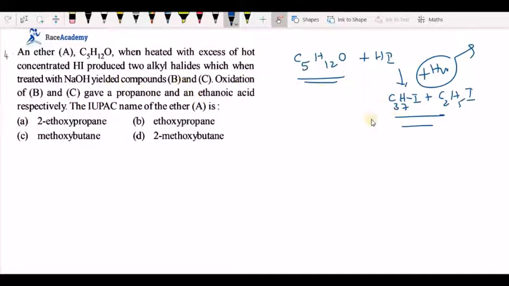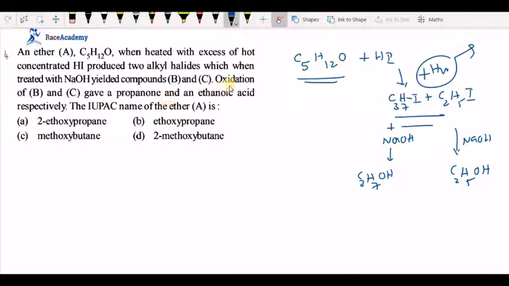It is telling that these are treated with sodium hydroxide. So when you treat these alkyl halides with sodium hydroxide, what will happen? They form B and C. When the sodium hydroxide reaction happens, C3H7I will become C3H7OH. Here also, with sodium hydroxide, it will become C2H5OH.